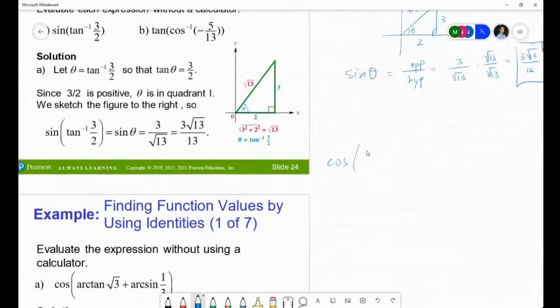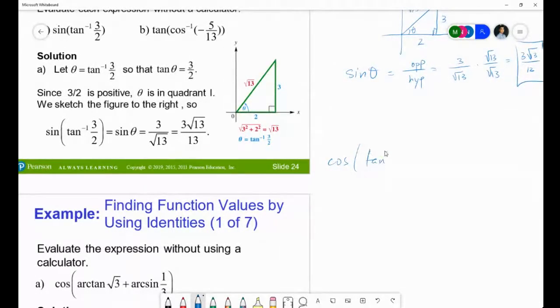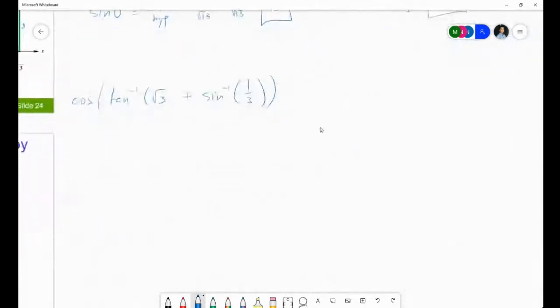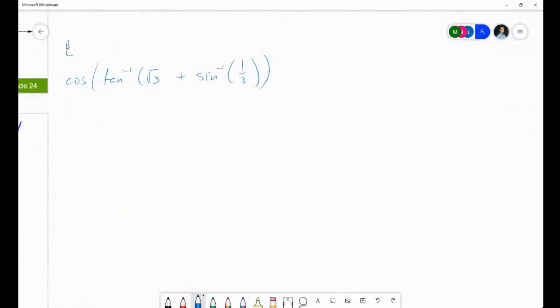Cosine of tangent inverse of square root of 3 plus sine inverse of 1/3. Oh man, look at that. That looks complicated. What to do? You guys want to discuss how you approach this problem?